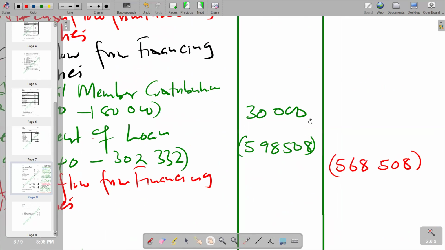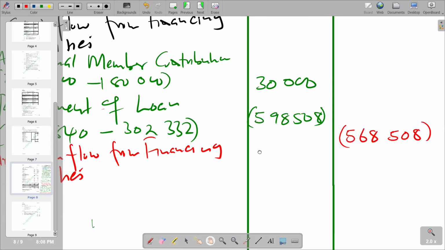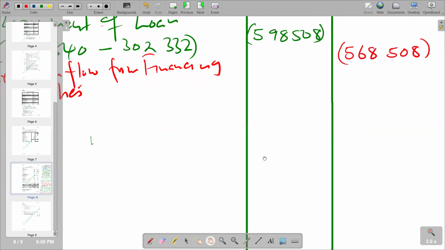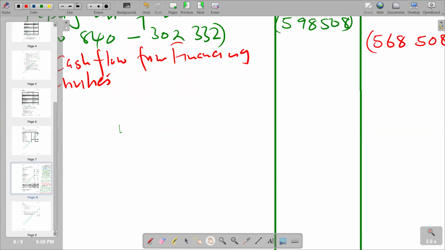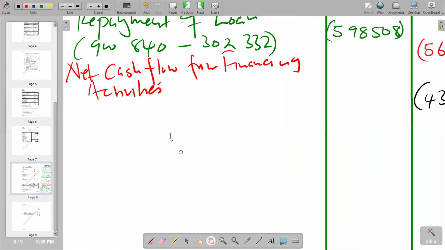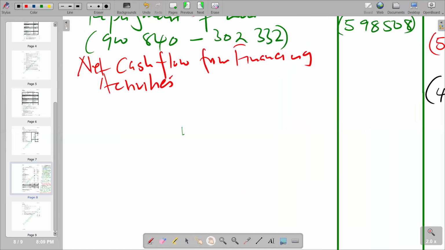Then the figure that we are going to get is a decrease, which is going to be a negative 43,980. So here the description that we are going to give is net decrease in cash.